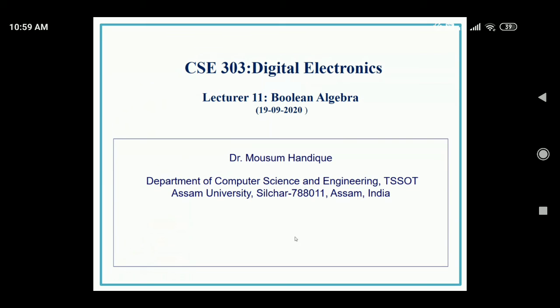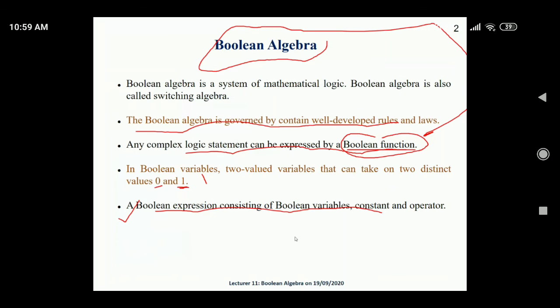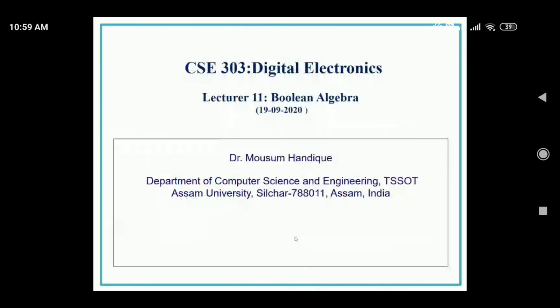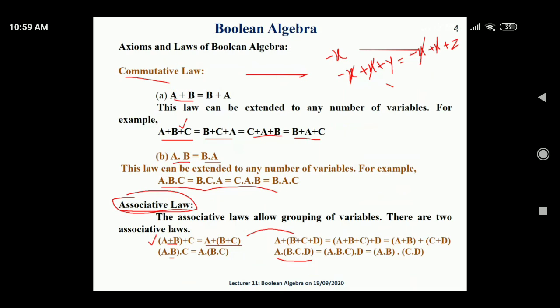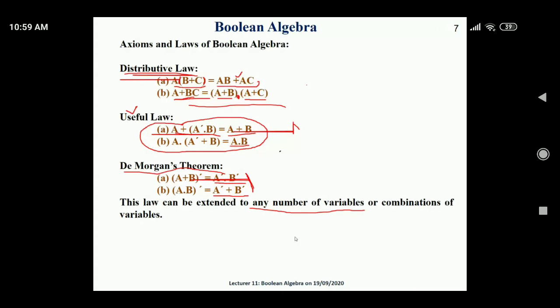For unit 2, you can check only today's class. How to clear all the laws in the exam, I have already covered. But how to minimize a Boolean expression, what techniques I use, how a Boolean expression converts to logic gates, and how to convert it to a logic circuit, those parts are not included in the first internal exam.